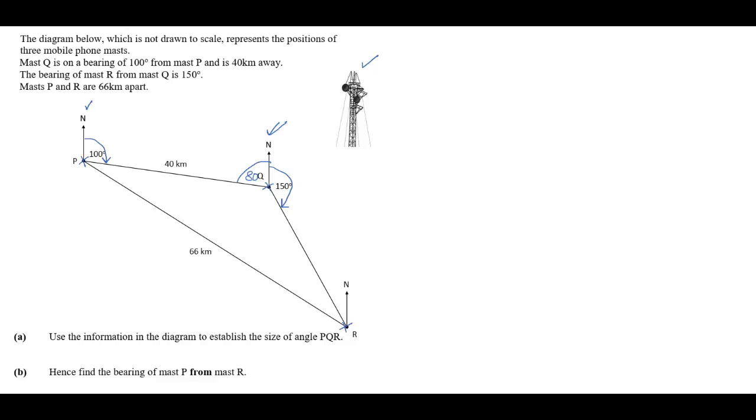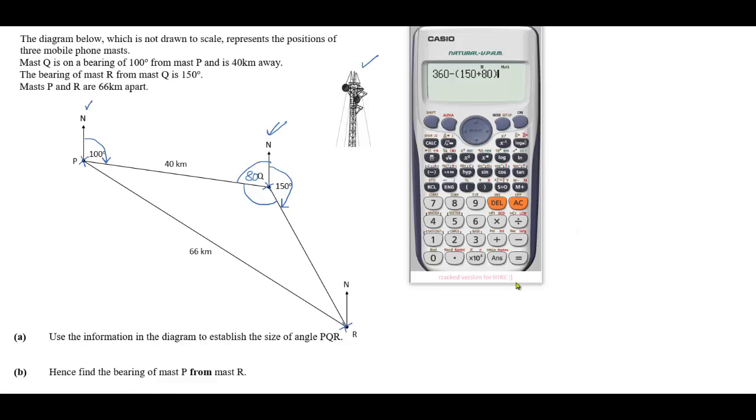Now we can easily find this angle, because the total angle here is 360. So if we subtract the sum of 80 and 150 from 360, we can easily find this angle. So let's see. Therefore, it is 130.